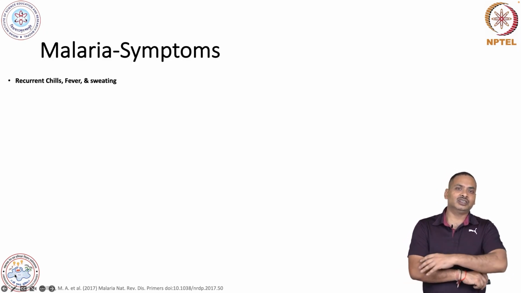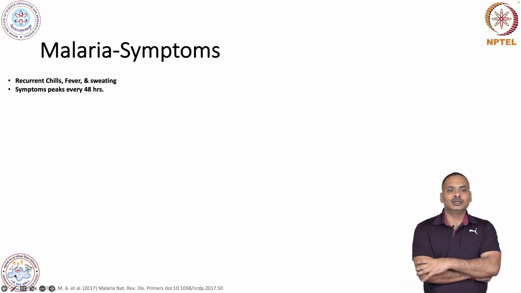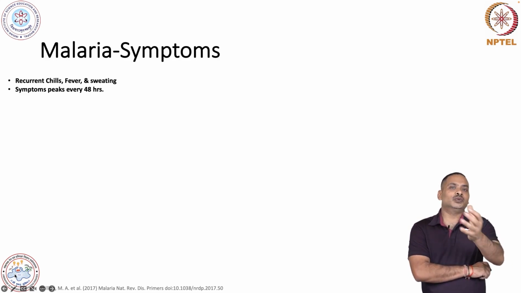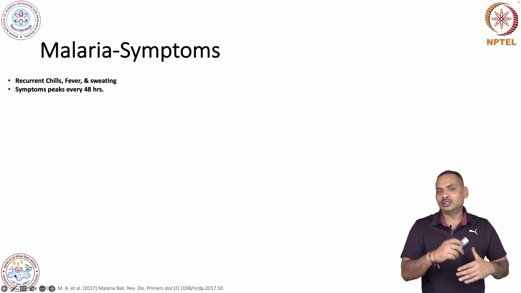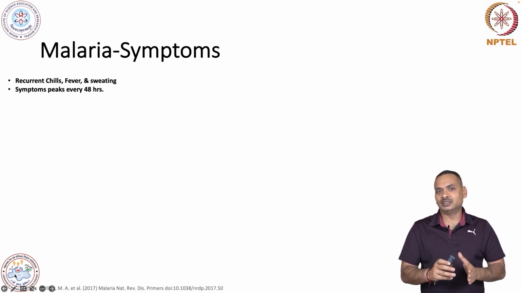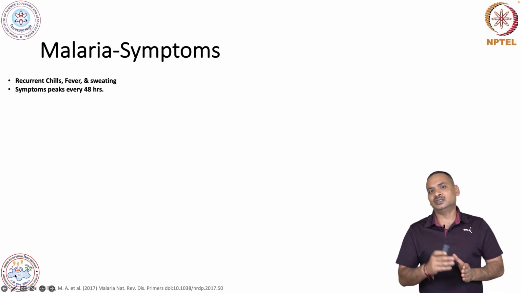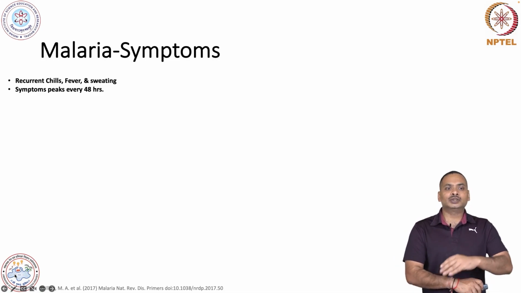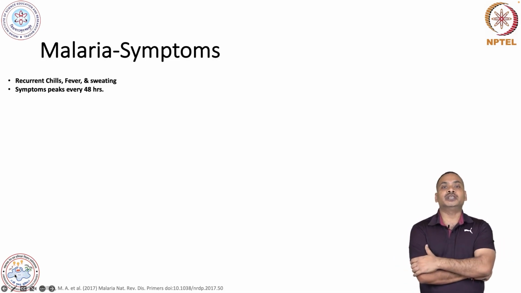Okay. There will be chills and fever. And this is in a cyclic manner, because the merozoites are released every 36 to 48 hours. Okay. So, at that time the symptoms will peak.